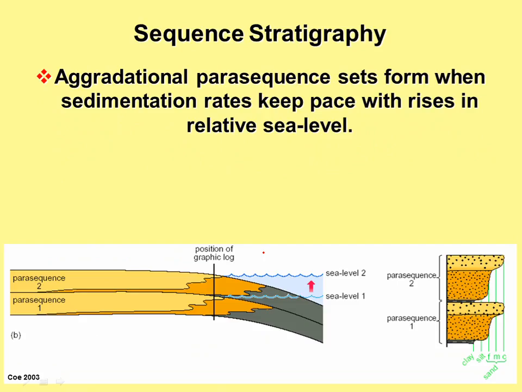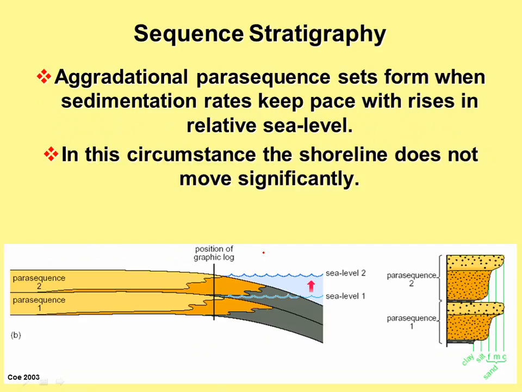But you will get aggradational parasequence sets developed when the sedimentation rate roughly matches the sea level change that we see in this diagram. So in this case, obviously, the shoreline does not move significantly, and that's the definition of an aggradational sequence.